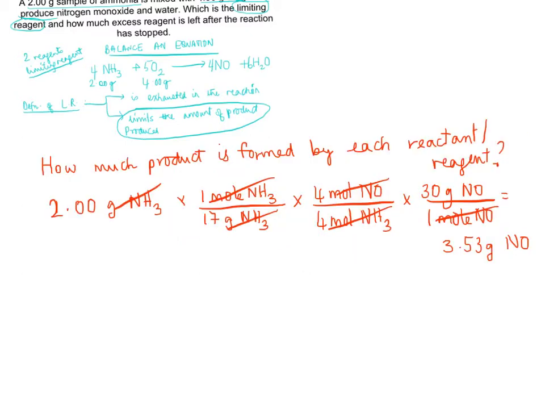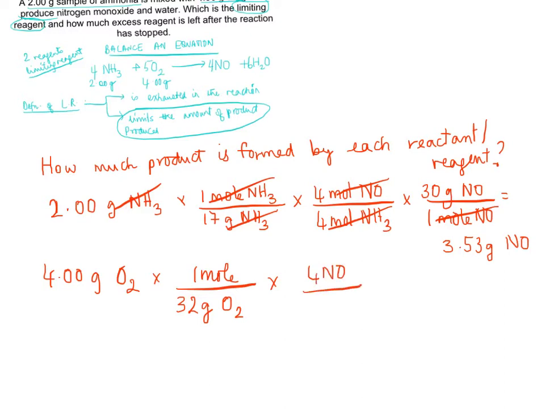You can do a similar thing for the O2, so you can take the 4 grams of O2 and convert it to moles. Each mole of O2 weighs 32 grams. Figure out how many NOs will be produced, so 4 NOs for every 5 O2.